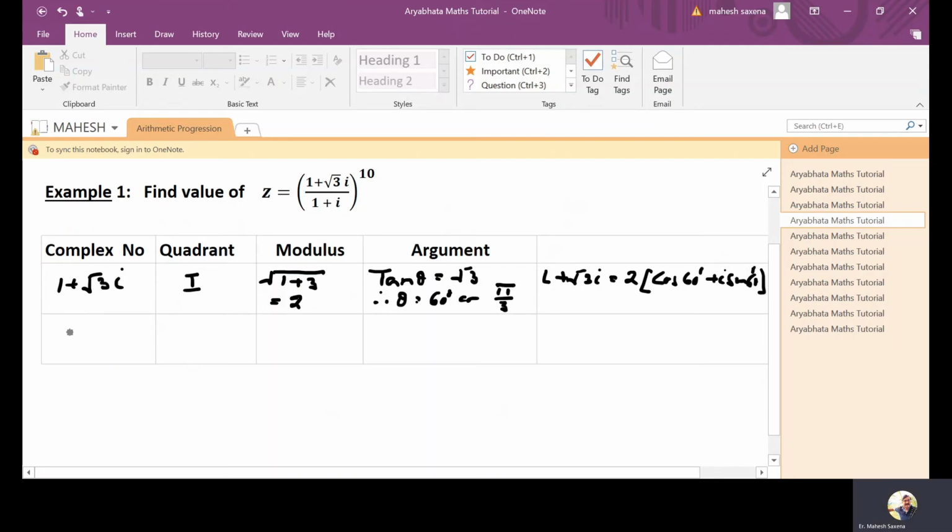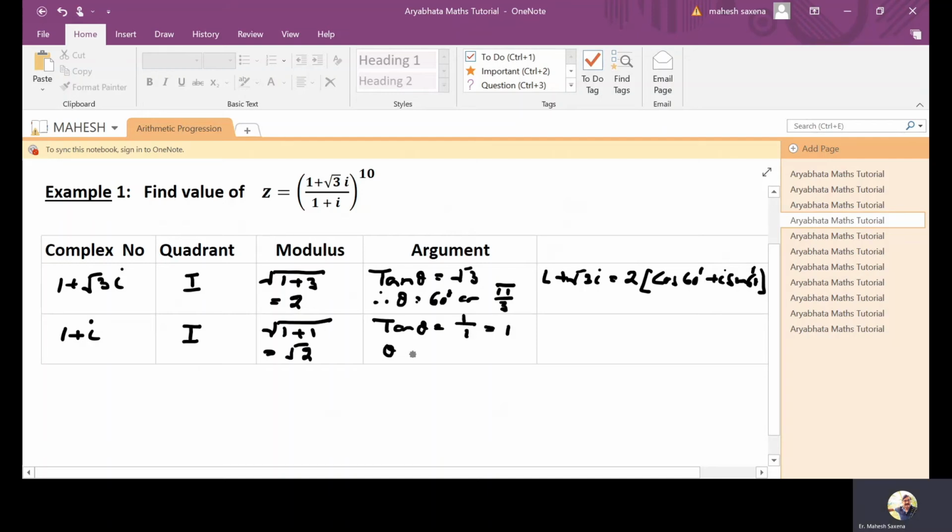Similarly, the second complex number 1 plus i is also in the first quadrant, and therefore its modulus will be 1 plus 1, that is root 2. And if theta is the argument, then tan theta is equal to 1 by 1, that is 1.